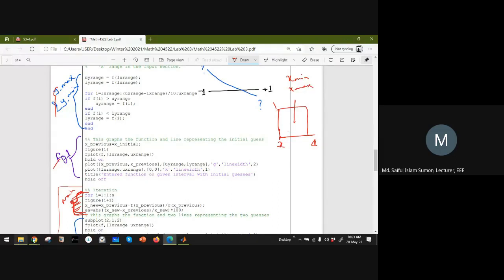Now I want to find, for this curve, which is fx, the y value of this curve. Suppose fx is equal to y. So what's the maximum value of y and what's the minimum value of y? I want to find these two things. How am I going to do it?